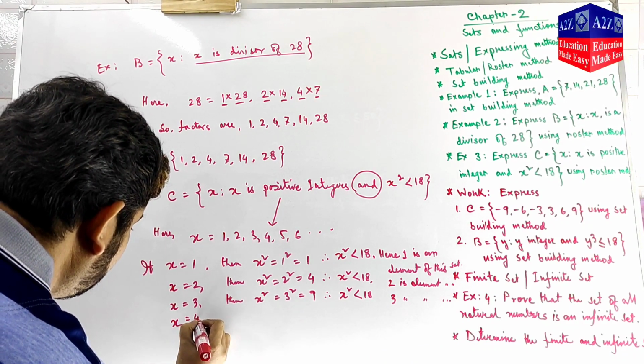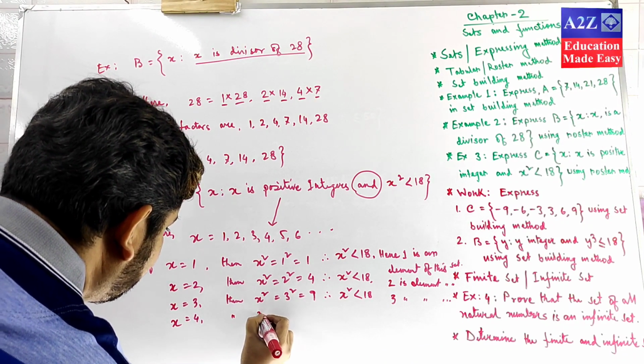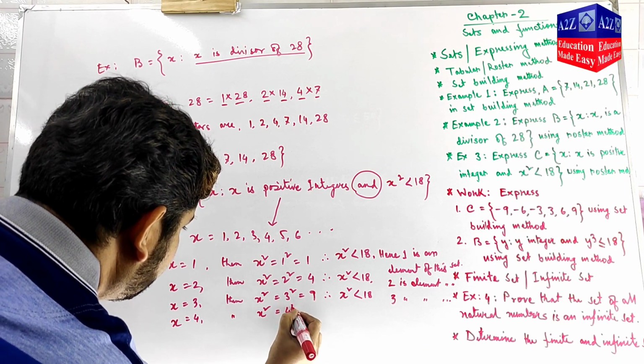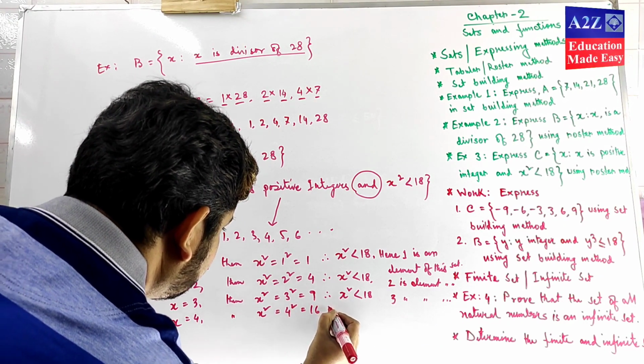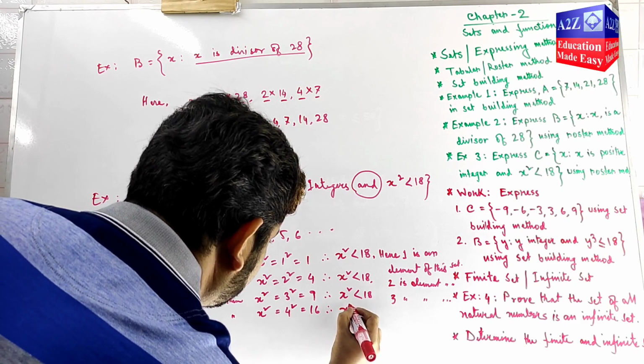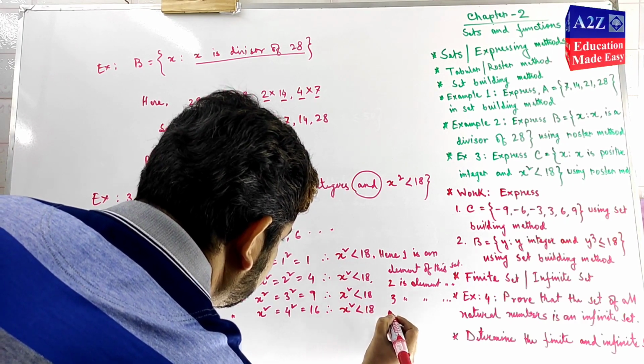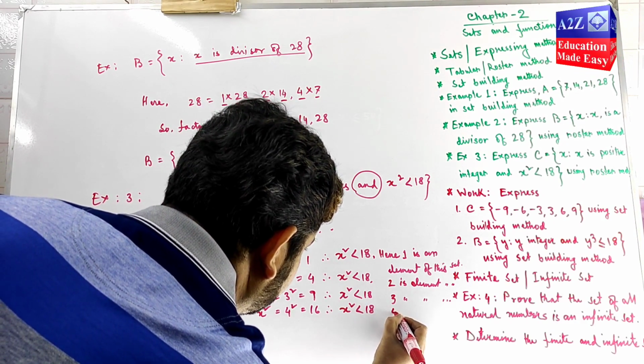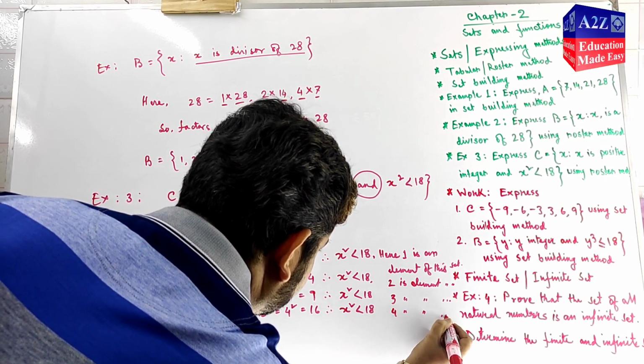If x equals 4, then x square equals 4 square equals 16. Therefore x square is also less than 18, so 4 is an element of this set.